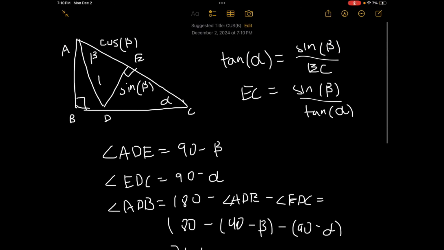So we get that angle ADB is just angle alpha plus angle beta.